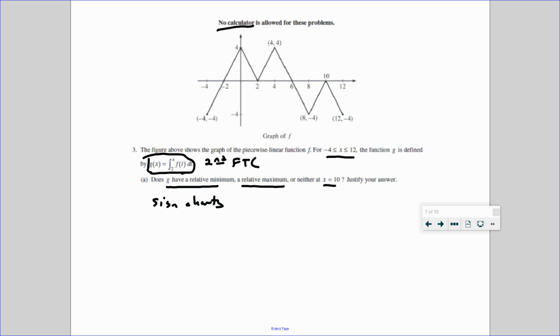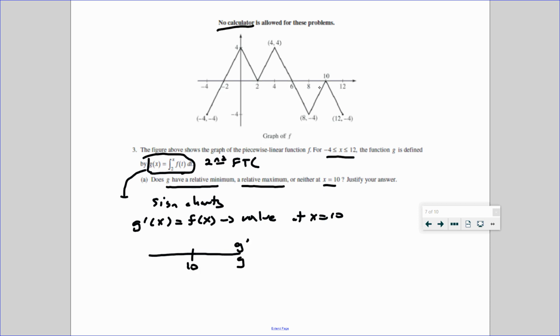Looking at the integral for g of x, because we're looking for a relative maximum or minimum, we need the derivative of g. So g prime of x is equal to f of x, and we are looking at the value at x equals 10. When we set up our sign chart, there's 10, g prime and g. At 10, notice f is below the axis before and below afterwards, so we have negative and negative.